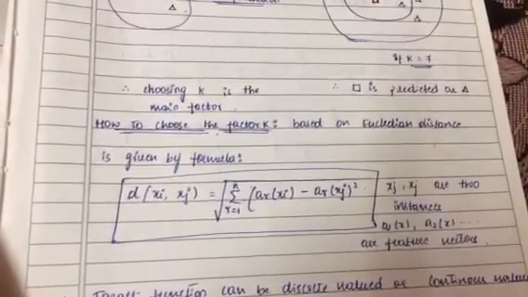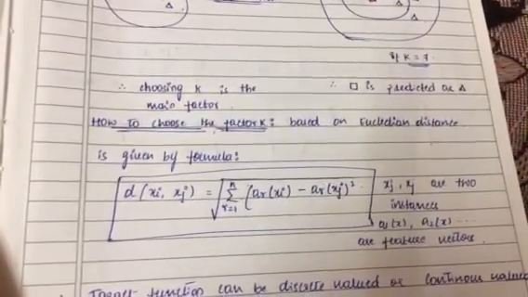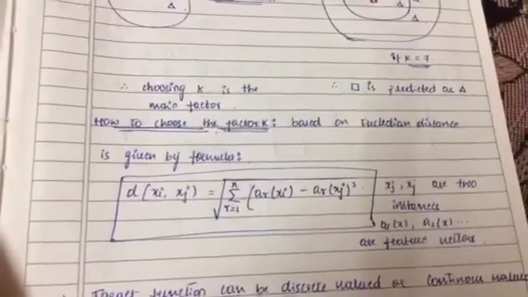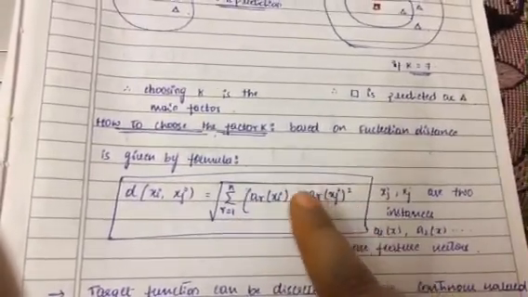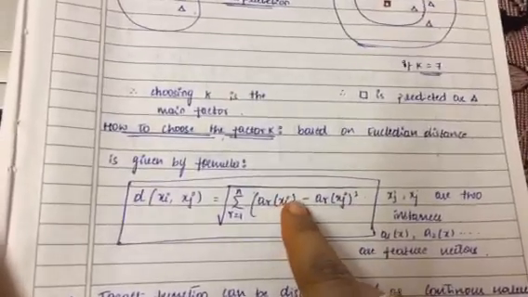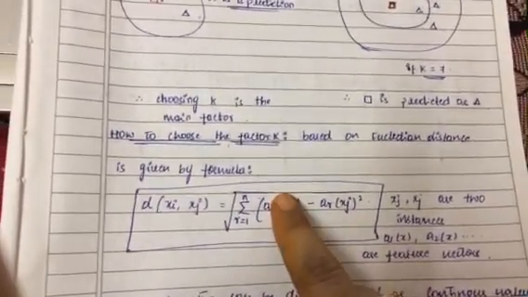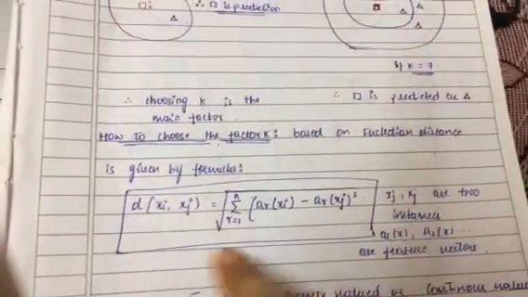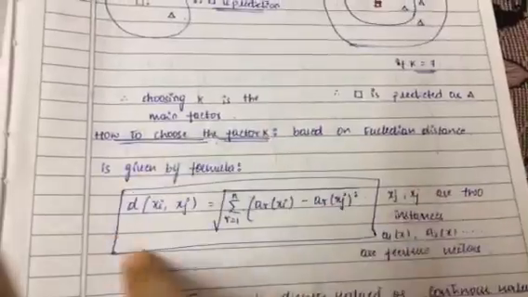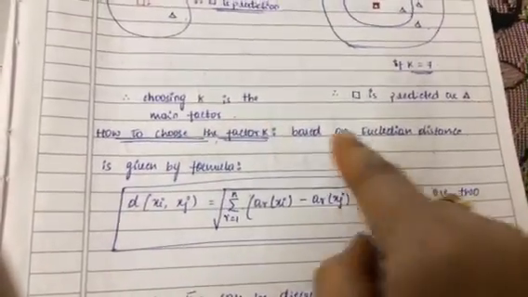Euclidean distance is the square root of the summation of the difference between the query point and the distance from the query point to the main point. When I solve the problem, you will understand the usage of this formula.